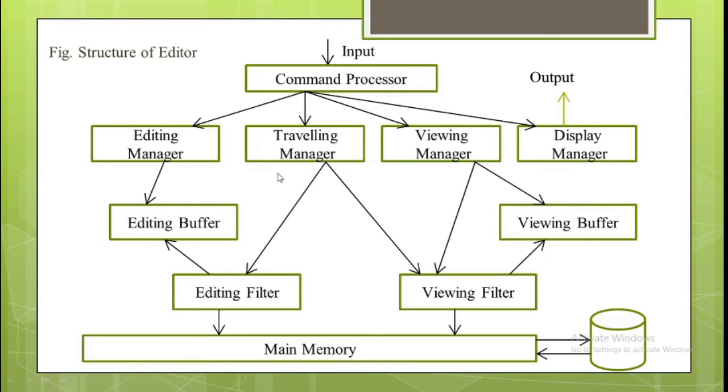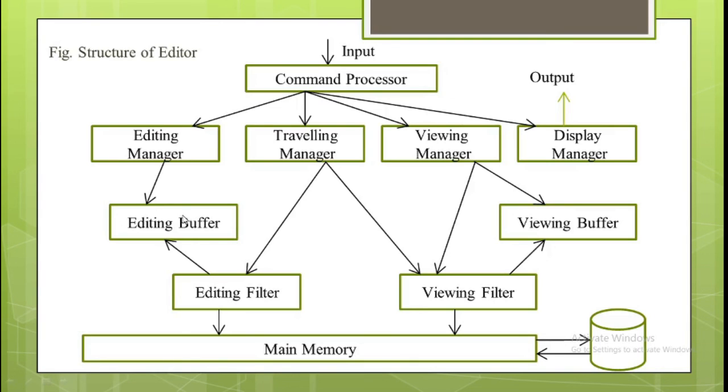The editing and viewing filters operate on the internal form of text to prepare it for editing and viewing. These forms are placed into editing and viewing buffers respectively. The display manager puts the appropriate display of this text on the user's output device. The filter operates on a new portion of the text to update the buffer content when the cursor position changes.